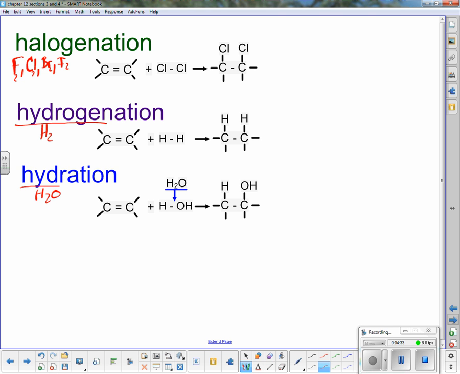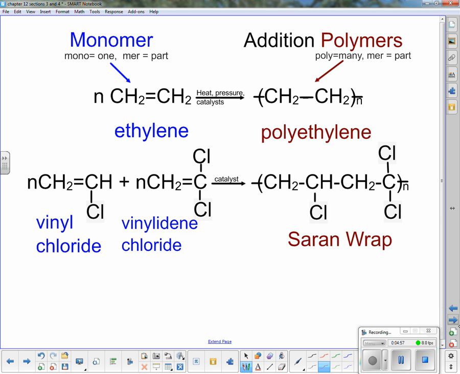Hydration, putting water in, will help me form alcohols and things like that. Again, with hydration, you need to watch out. You need to use Mr. M's rule, and the hydrogen will go on the side that is already hydrogen rich, and the OH will go to the side that's not. Pretty straightforward.